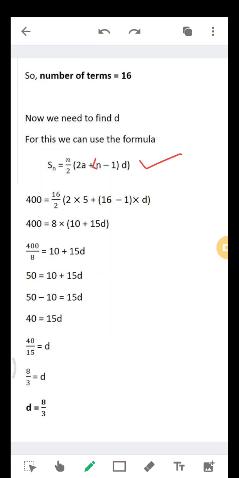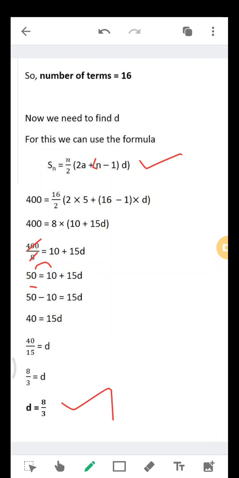Simplifying further, 400 divided by 8 gives you 50. So 50 minus 10 is equal to 15d, and simplifying further you get d value as 8 by 3.